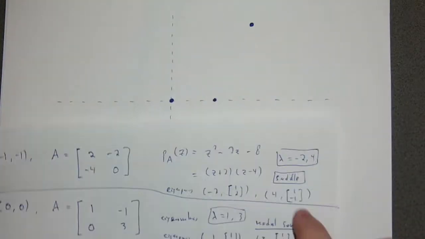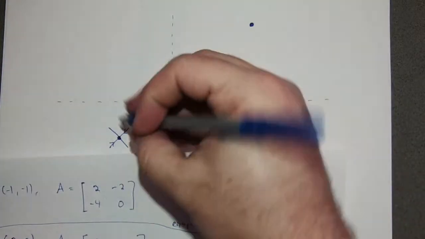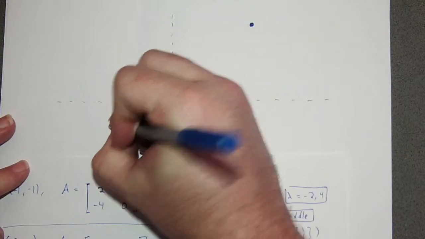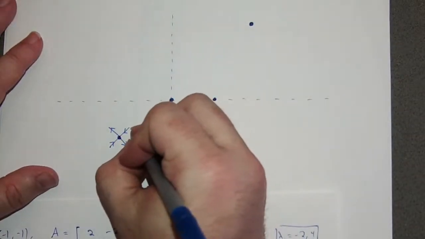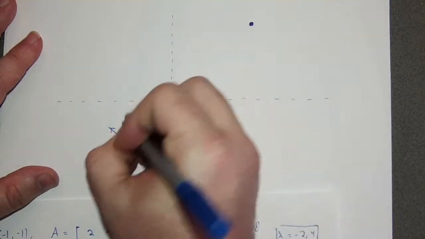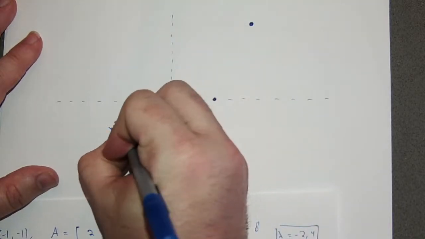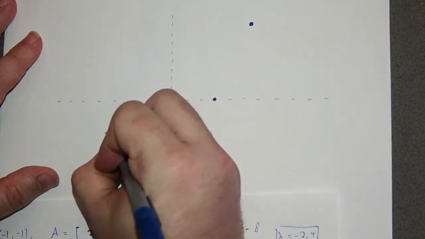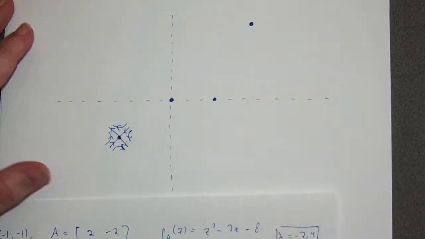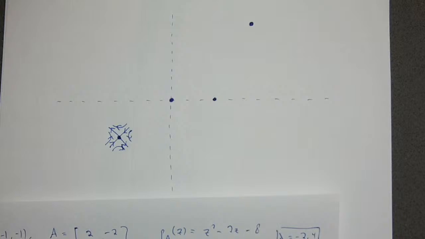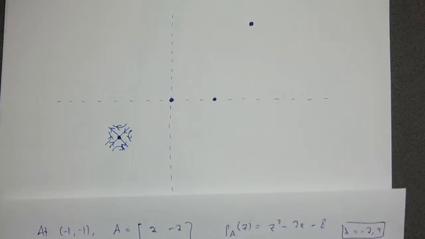And for 1, -1, it's going away from. So other trajectories nearby here look like they're doing this. All right. So that's what this saddle looks like.